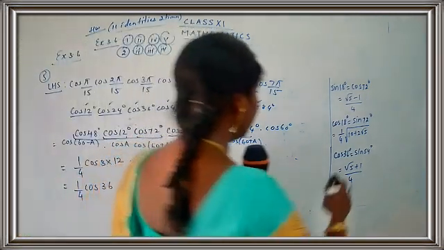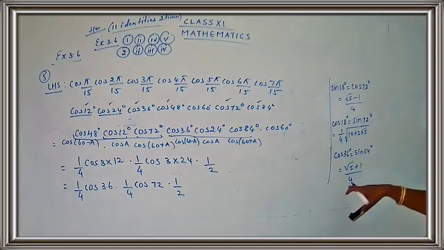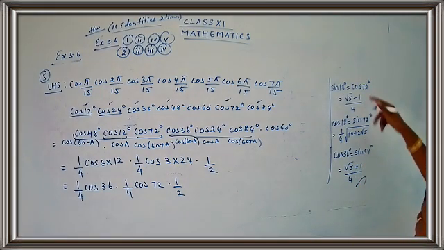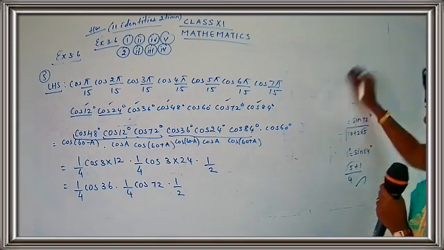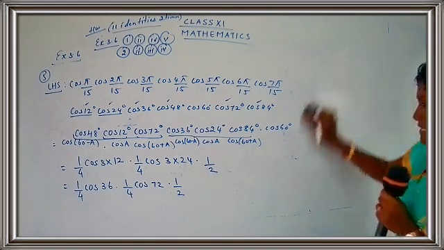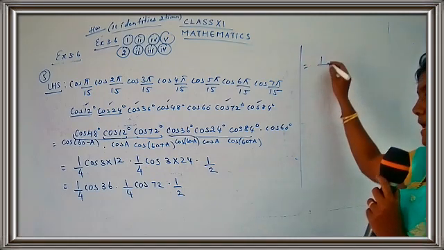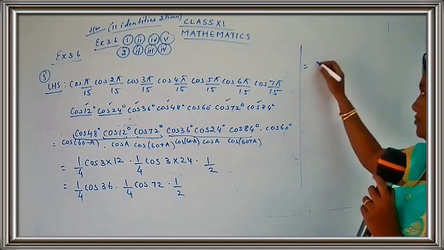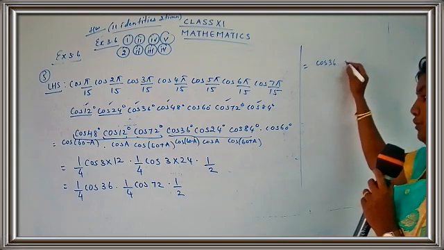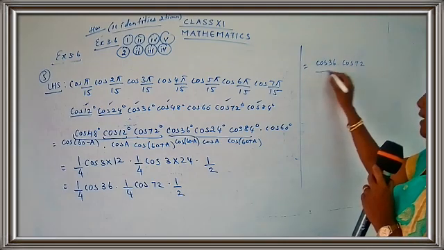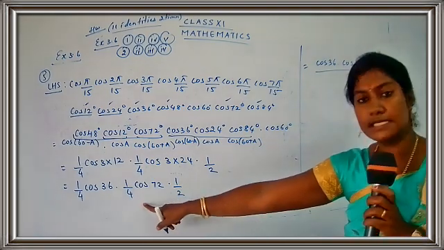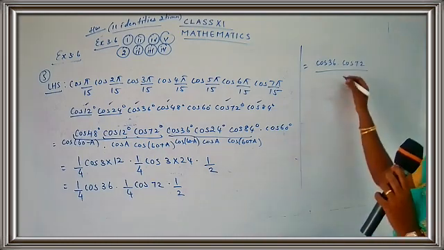I'll just continue here. I need the values. So cos 36 I need and cos 72 I need. I'll just continue here children. So I get here, this is equal to 1 by, okay, 1 is multiplied. So I get here cos 36 into cos 72 upon 4 4s are 16, 16 2s are 32.